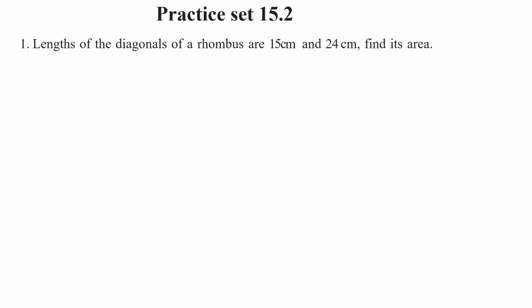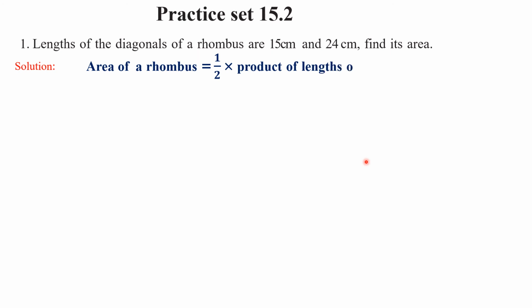Practice set 15.2. First example. The lengths of the diagonals of a rhombus are 15 centimeter and 24 centimeter. Find its area. So write down the solution. Area of rhombus is equal to 1 upon 2 into the product of the lengths of diagonals.